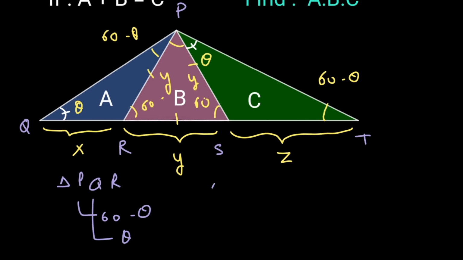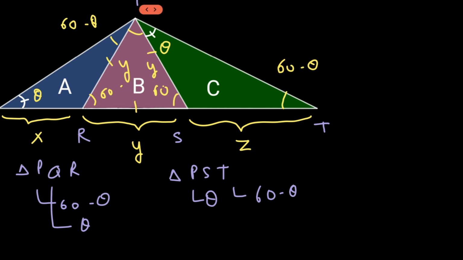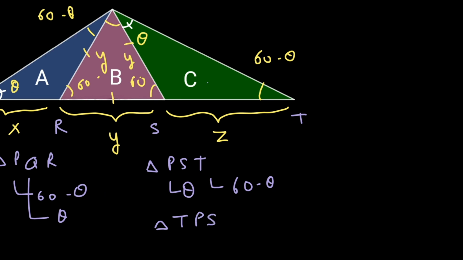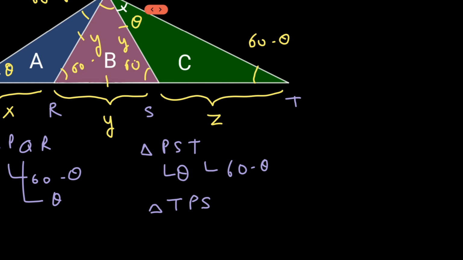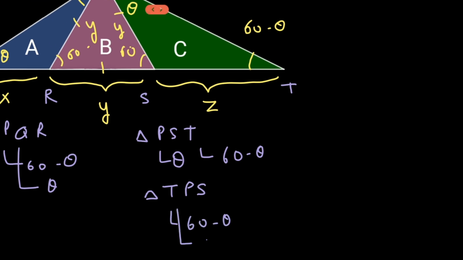Now take the triangle PST that is present over there. In this particular triangle, the value of angle P is theta and the value of angle T is 60 minus theta. So if we just rearrange the labeling of the second triangle as the triangle TPS, this also describes the same green triangle, and now we can see that the value of angle T was 60 minus theta and the value of angle P is equal to theta.